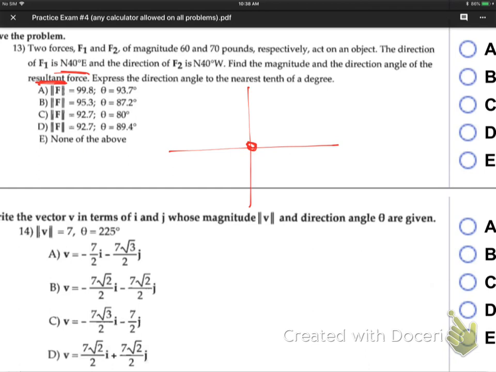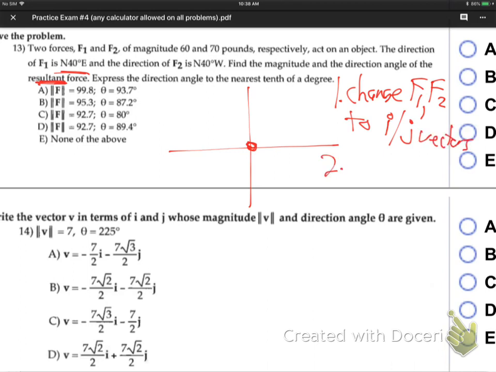So try it out. So first off, change F1 and F2 to i, j vectors. Add them. Step 3.